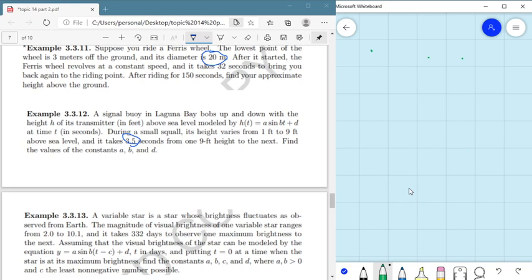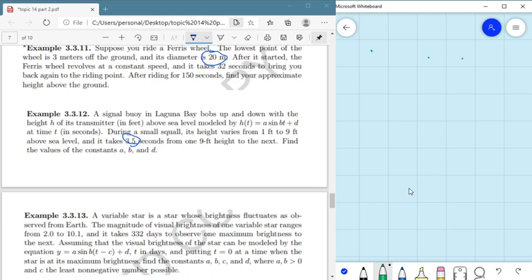Okay, in example 3.3.13, we have this one. A variable star is a star whose brightness fluctuates as observed from Earth. So the magnitude of visual brightness of one variable star ranges from 2.0 to 10.1, and it takes 332 days to observe one maximum brightness to the next.